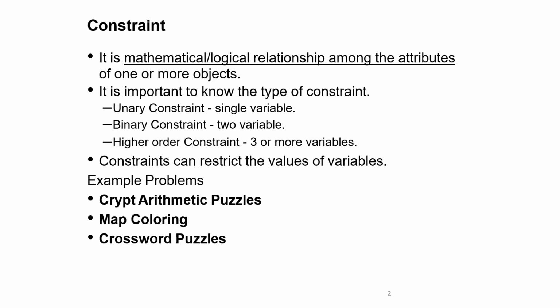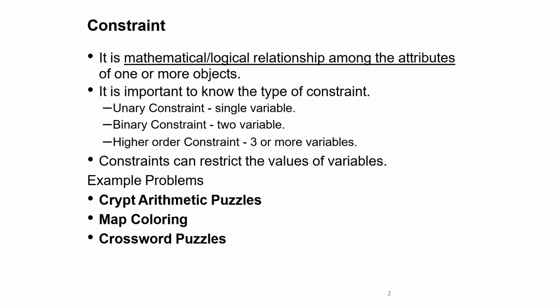Now we can see some important things about the constraints. Generally, we can apply constraints to logical and mathematical relationships among the variables. The constraints can be classified into three types: the first one, unary constraint, then binary constraint, and then higher order constraint.